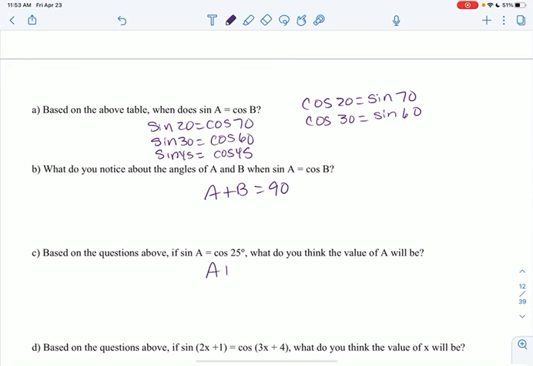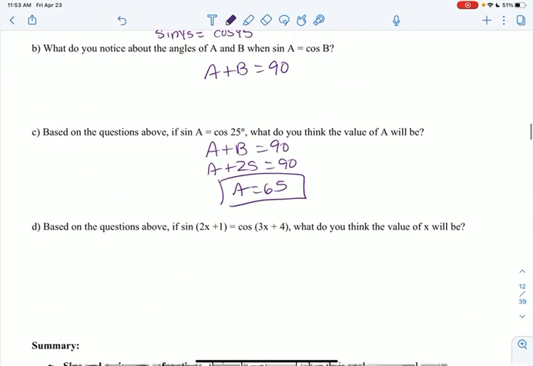Well, we noticed that A plus B equals 90, and the B is 25, so I'm really just solving for A. I'm going to subtract 25. That's how easy it is. All right, the sine of A equals the cosine of B if A plus B equals 90. That's the rule.